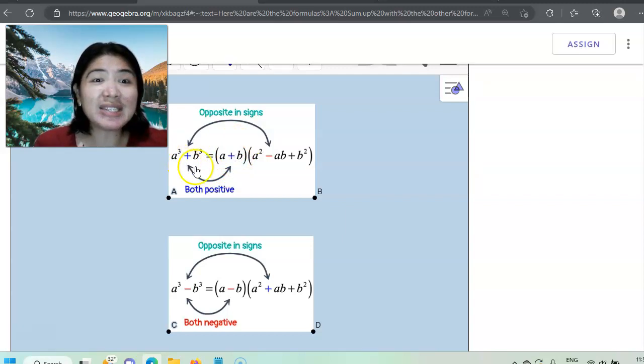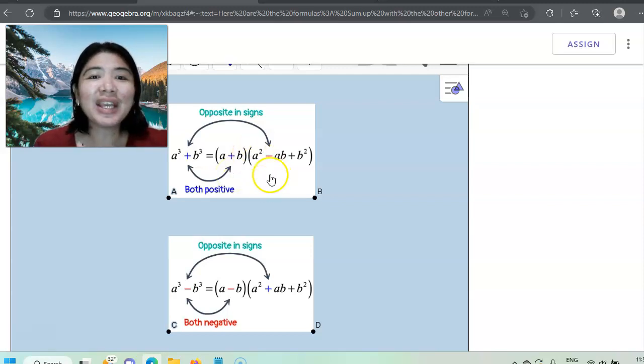Okay, because again the sign of the second term here in this special product, sum of two cubes, is positive. So the first factor is a binomial factor where the sign of the second term will also be positive. Same sign. So S stands for same sign.